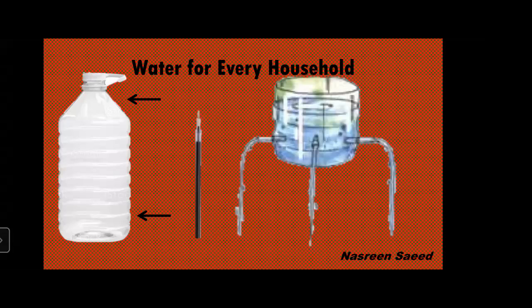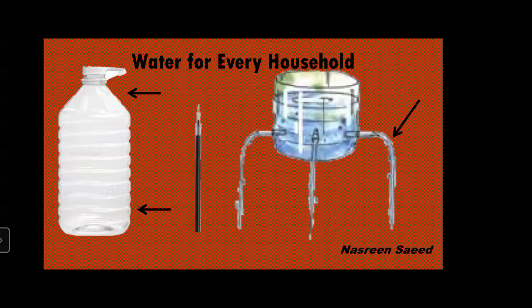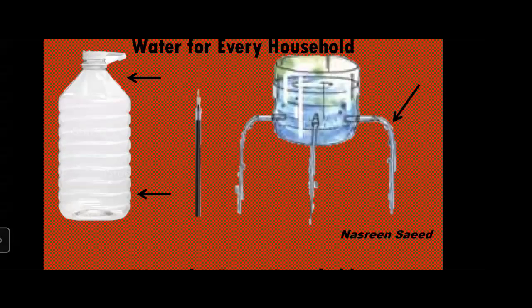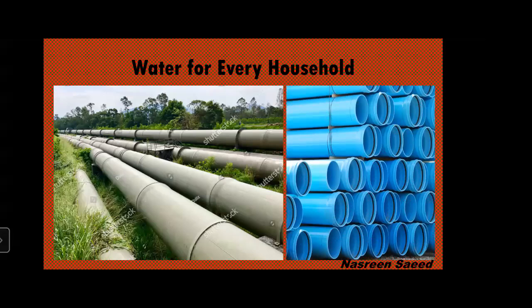That we can distribute water which is stored in one place to several places at the same time. How? By using pipes. So using pipes, we can distribute water stored in one place to several different places at the same time. Okay, let's move ahead.